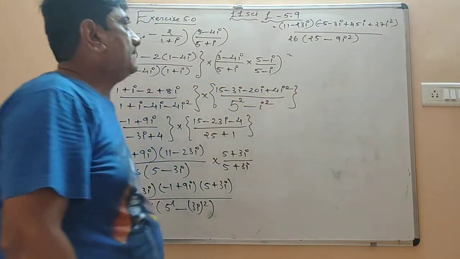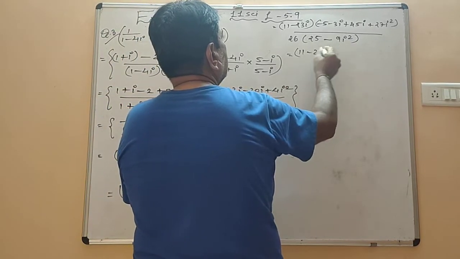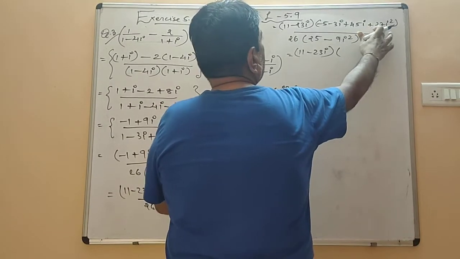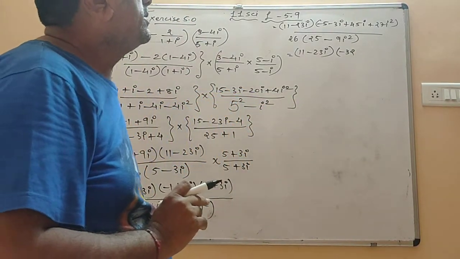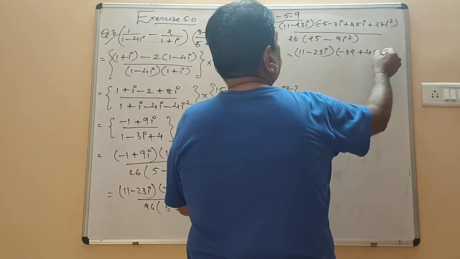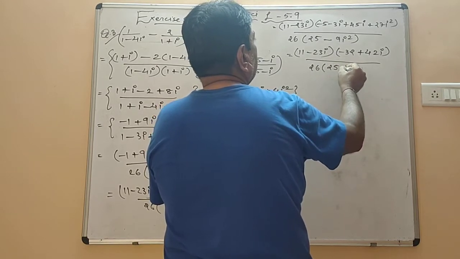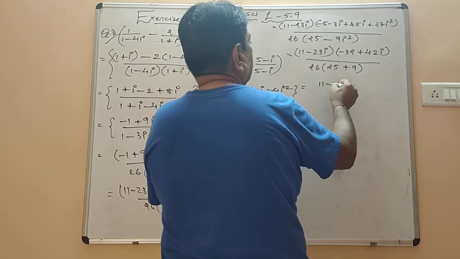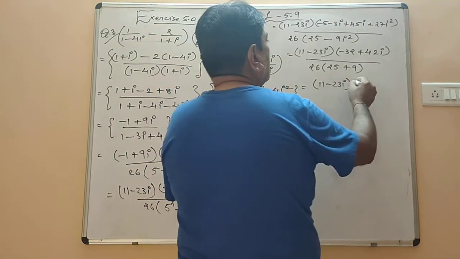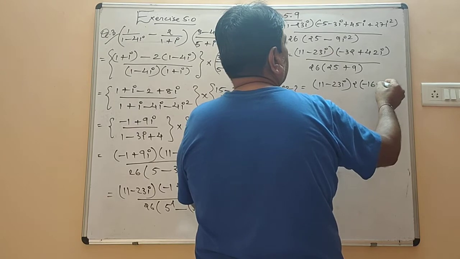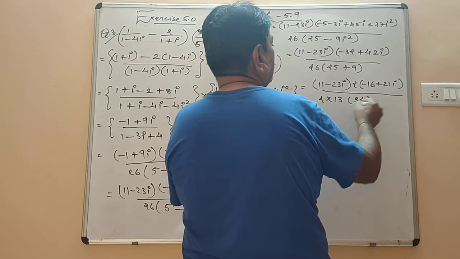Now it is 11 minus 23i, 27i square, तो minus 27 minus 5 minus 32 plus 42i divided by 26 into 25 plus 9, तो 11 minus 23i and take 2 common, तो कॉमन निकालेंगे तो minus 16 plus 21i अपॉन 2 into 13 into 34.